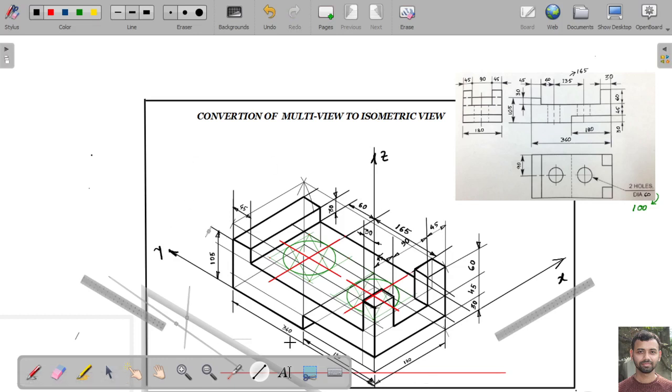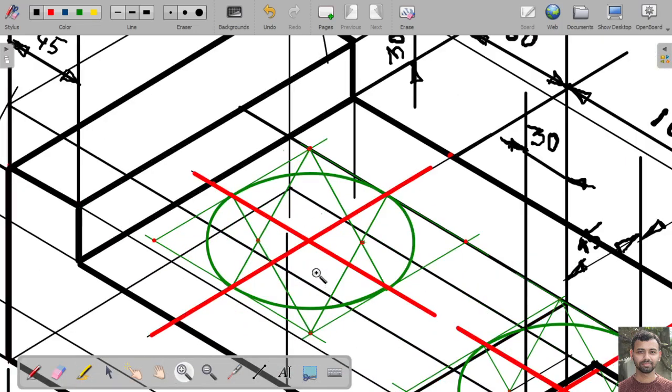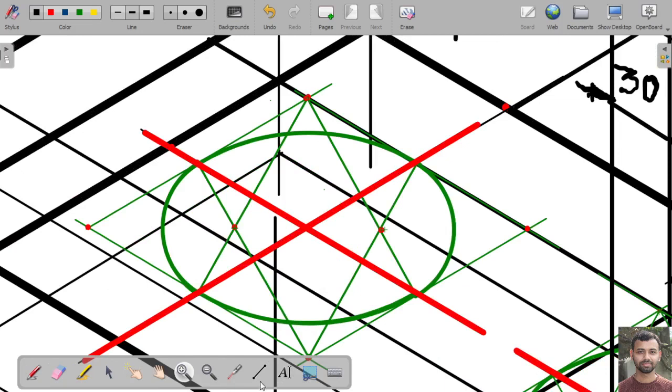Okay, and now as the center lines will be chain lines, so here we will make it a chain line.